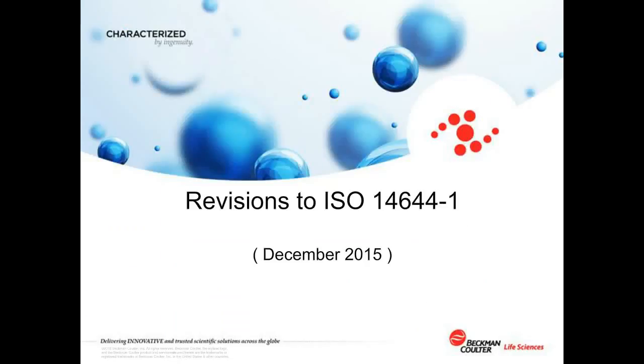So that standard has been in existence and been used by most industries since the 1999 initial release. Finally, after a number of years, in December of 2015, some revisions were put forward and published, so the document is now a 2015 document. So what changed?